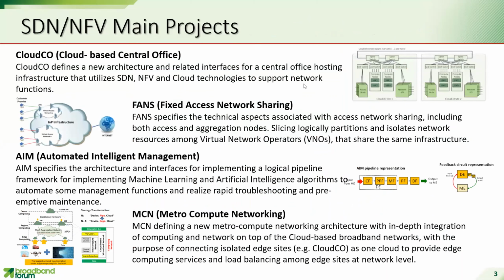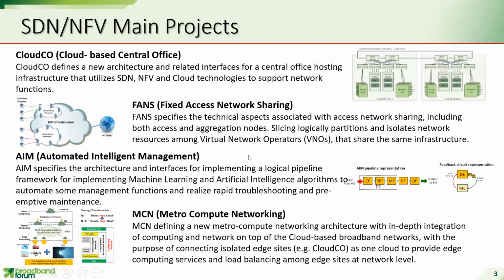We have a project on fixed access network, which defines the technical specs associated with access network sharing, including both access and aggregation nodes. Slicing is used to logically partition and isolate the network resources among the various virtual network operators that share the same infrastructure.